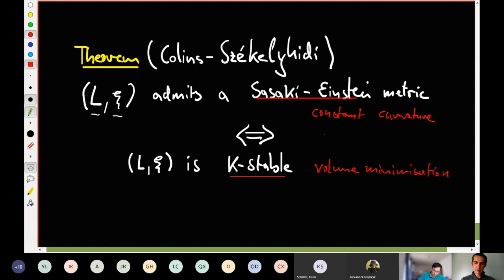Similar to our very first example where we considered embeddings of the sphere into R3, we again observe that in this setting both conditions turn out to be equivalent. So we can find a Sasaki-Einstein metric, which in particular implies constant curvature, if and only if psi fulfills this volume minimization property. And here I'm going to stop, I think.